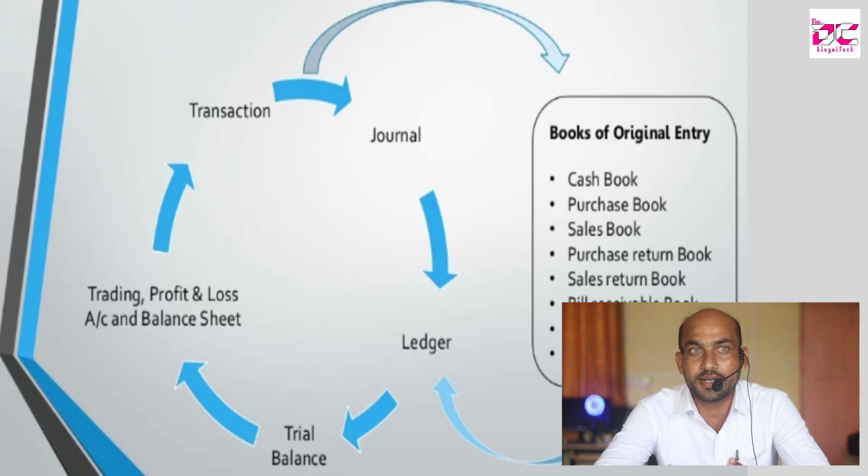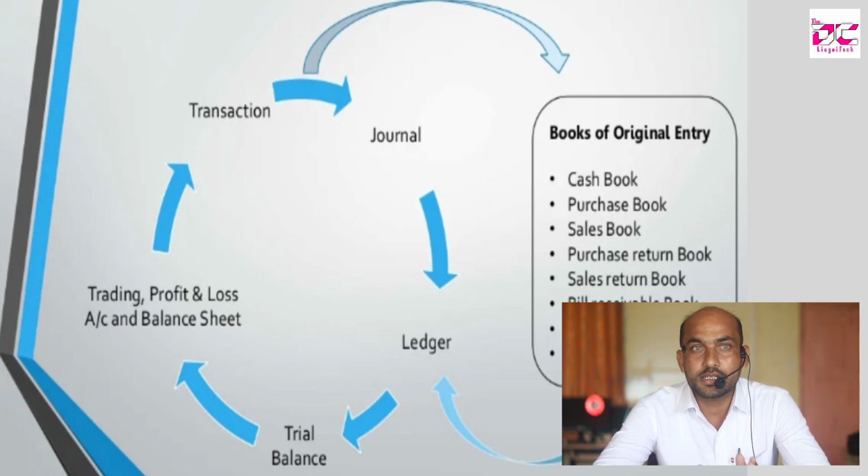After recording that transaction, we convert it into the journal. So you should know about the journal. Journal is a book of original entry where we record the transactions of cash book, purchase book, sales book, purchase return, sales return, bills receivable, bills payable, and journal. These are the subsidiary books.